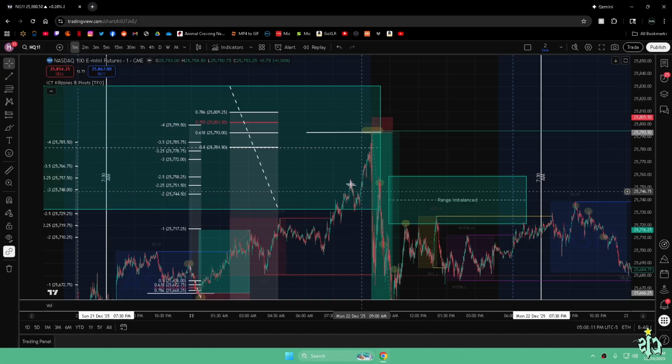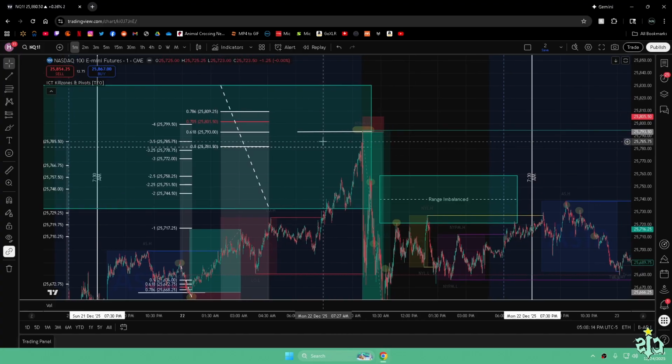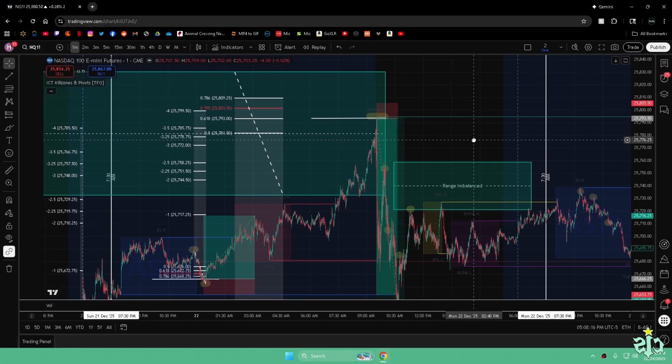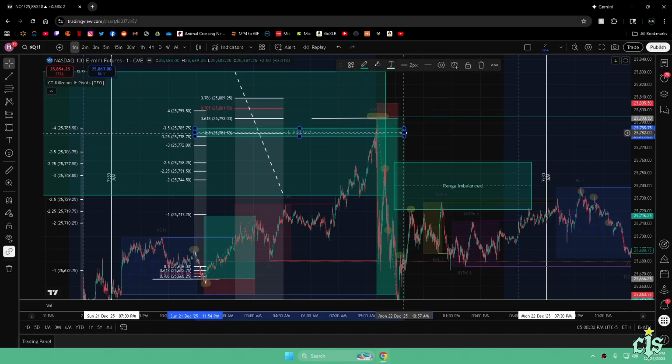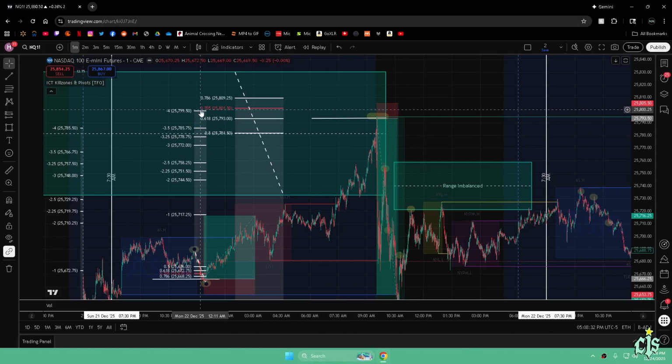Body closed at 3.5, stuck between usually this zone right here is where market tends to struggle. This is not always 100%, but most of the time this will give you levels where market will top out or struggle.